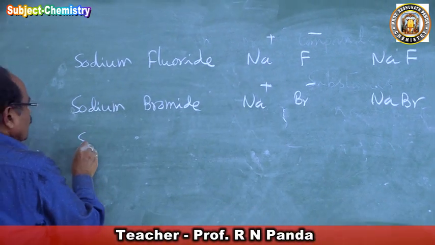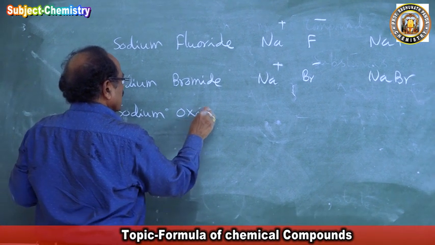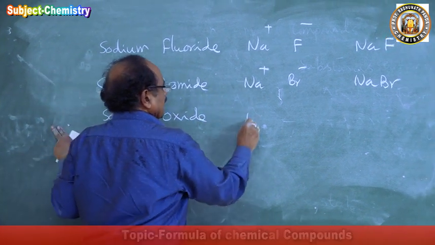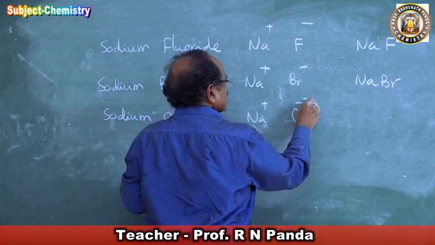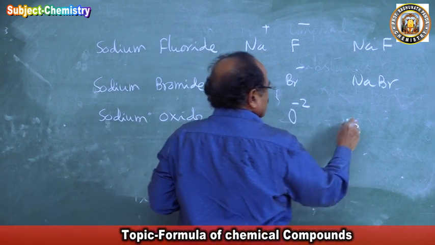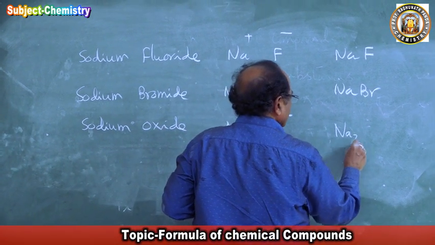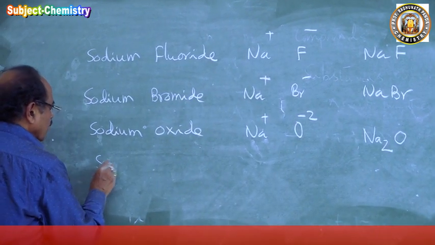Then we'll come to sodium oxide. Na is plus 1 and O is minus 2, so minus 2 will come here and plus 1 will go here, so this will be Na2O. Now sodium peroxide.